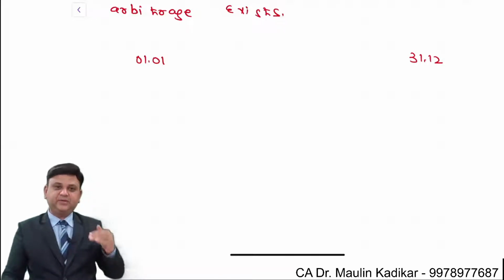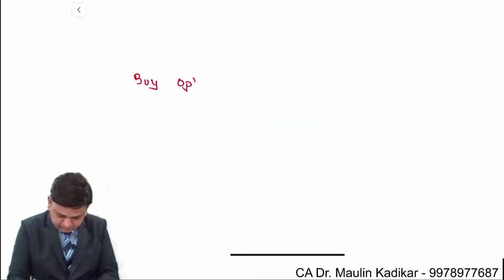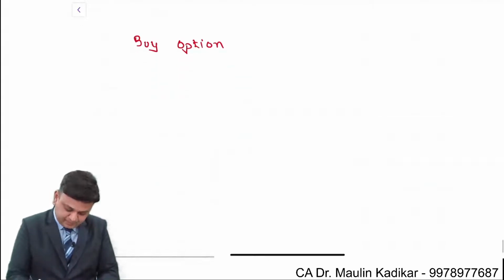We understand that the premium amount is less than what it should have been, so we should buy option. So today we should buy option. Which option? It is call option. So you buy call option.